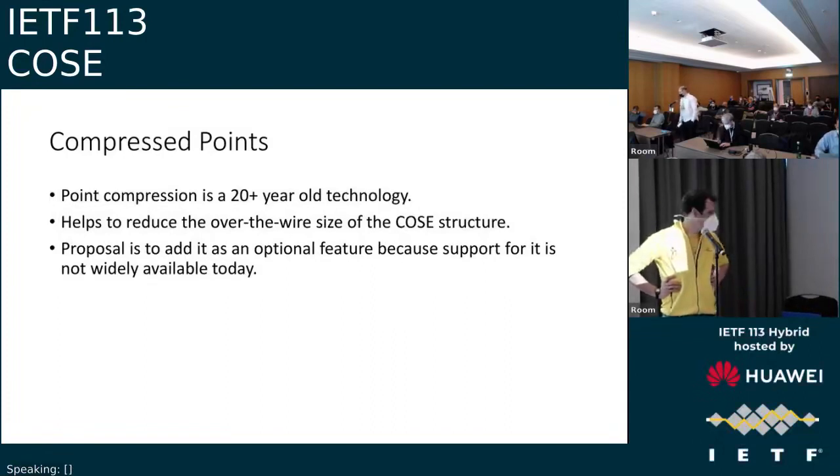At the microphone, please say your name. Yeah, Malisha Učenić, Inria. So just a data point for the point compression. I was just working with point compression for the past 2 weeks in the context of the EDHOC and LAKE implementation.